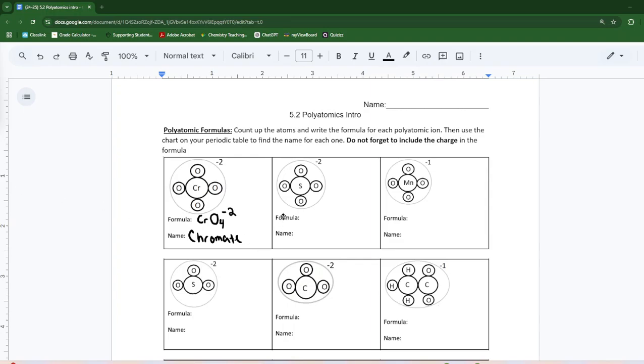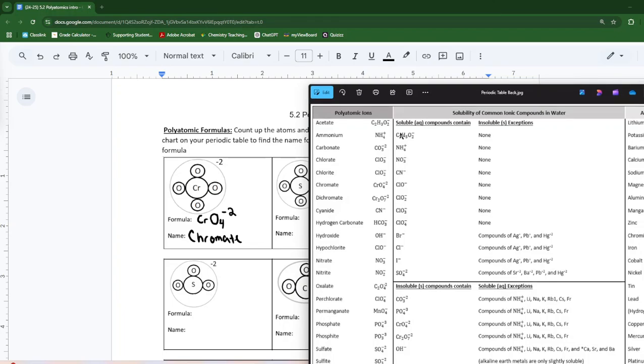And so what is this exactly? What does this mean? Well, it can be quite complicated, I already said. But all we're saying is that these things have bonded together and they have a negative charge. Most of them have a negative charge. If you look here, there's one that has a positive charge. It's this one right here, ammonium, NH4 plus. It's the only one that has a positive charge.